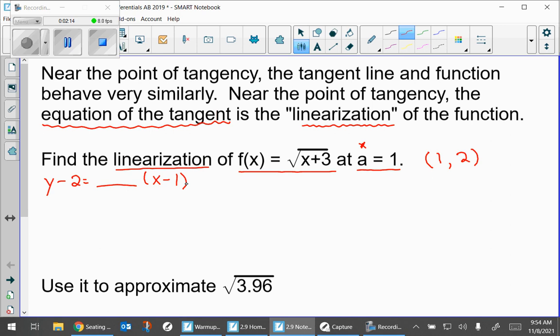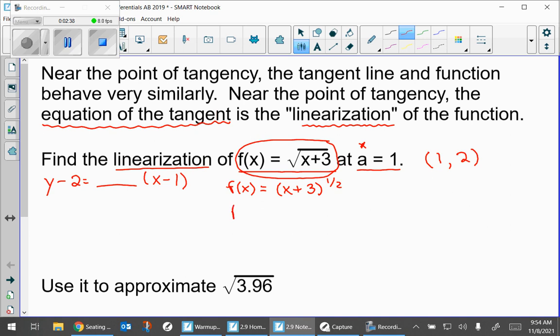So how are we going to find the derivative of this thing? Let's keep in mind that f of x could be written as (x plus 3) to the 1/2.